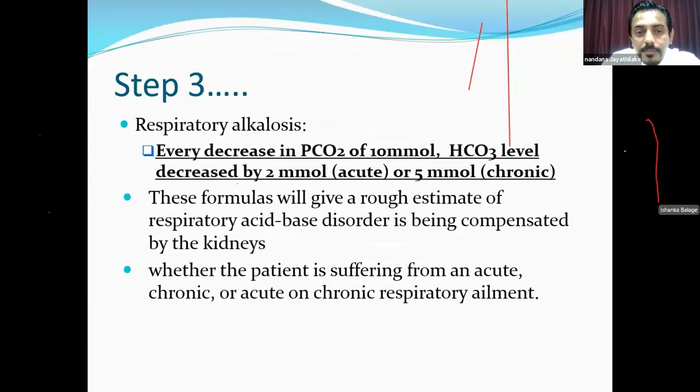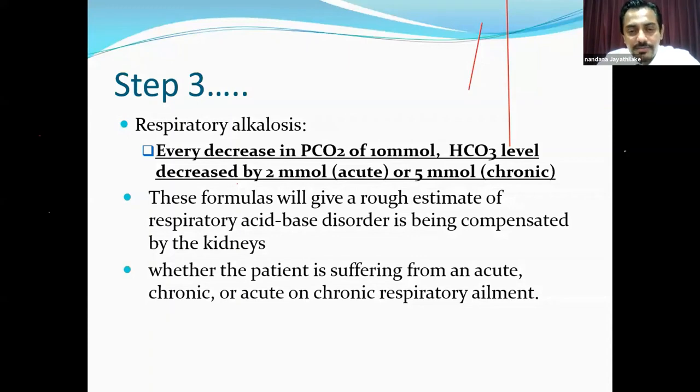And step 3 again, respiratory alkalosis. What happens with respiratory alkalosis? Carbon dioxide goes down because of hyperventilation due to many reasons. Every decrease in PCO2 of 10, the bicarbonate level decreases by 2 millimole in the acute setting and 5 millimole in the chronic setting. This is the fifth formula.